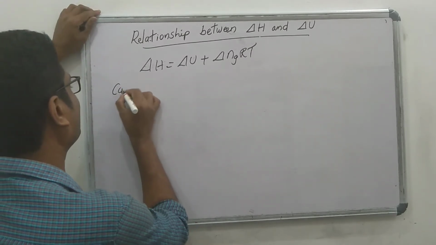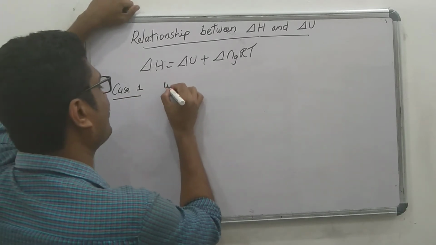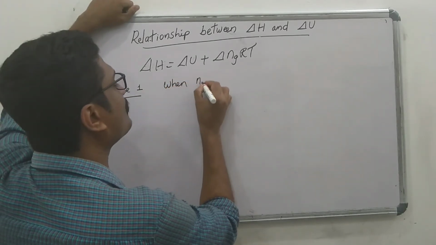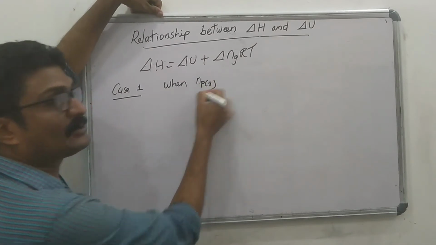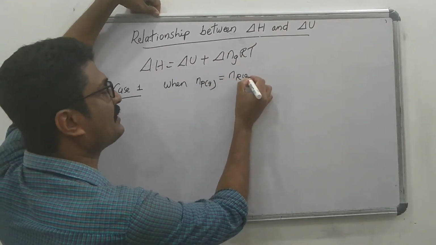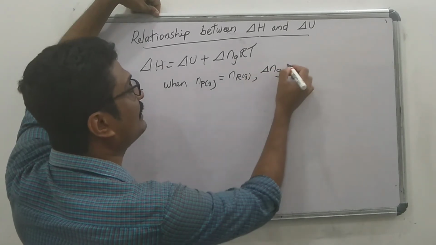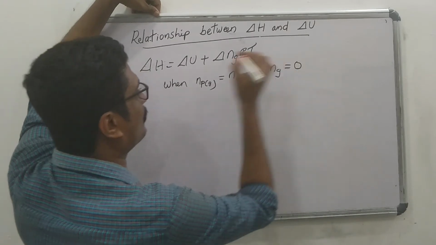Case 1, please listen. When number of moles of the gaseous product is equal to number of moles of the gaseous reactant, then delta Ng equal to 0.